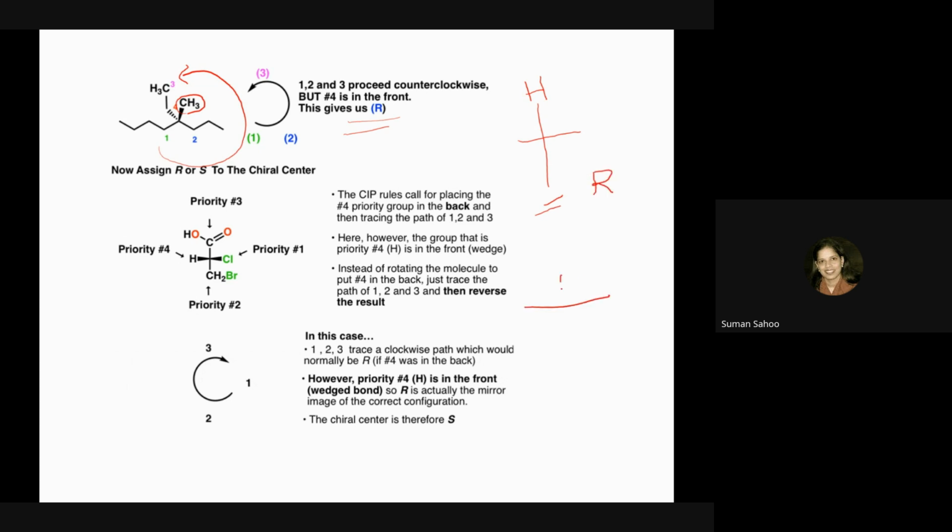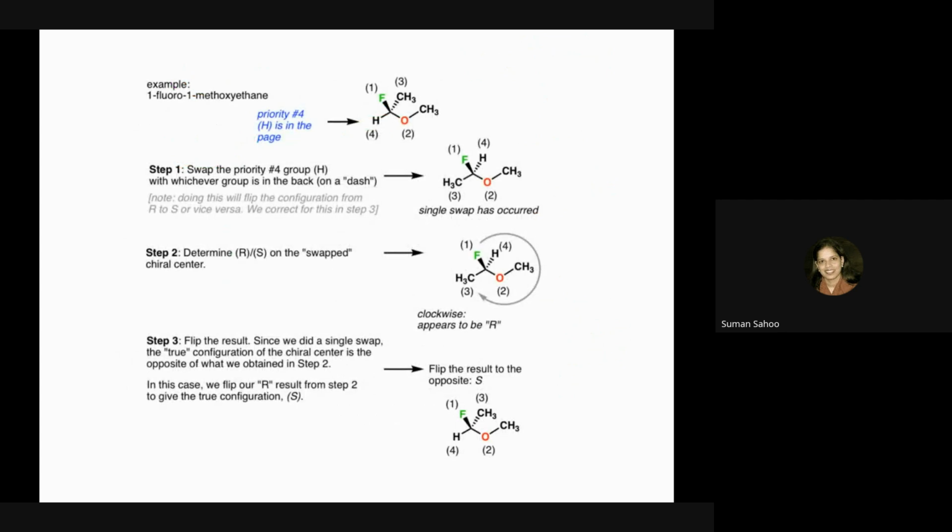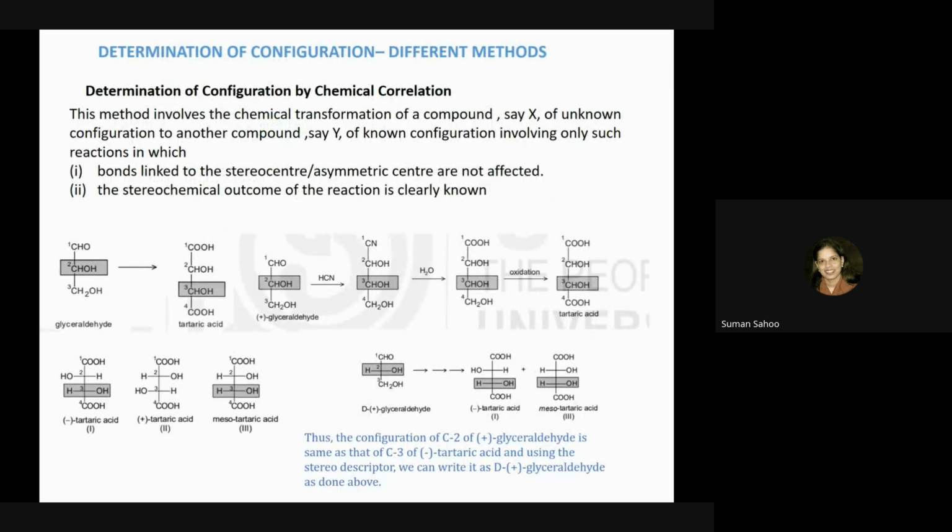But if it is on the horizontal side, if it gives R, then you have to change it to S. So with the lowest priority group vertical, clockwise is R, anti-clockwise is S. But whenever the lowest priority group is in the horizontal position, then you have to just reverse the result. So this is another example. We will not go into detail; we have already discussed it in the last class.